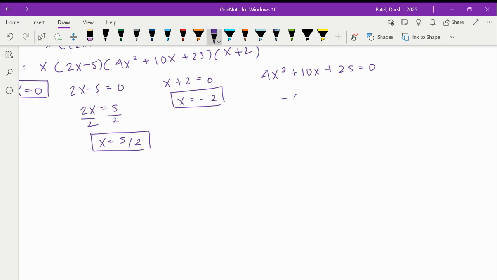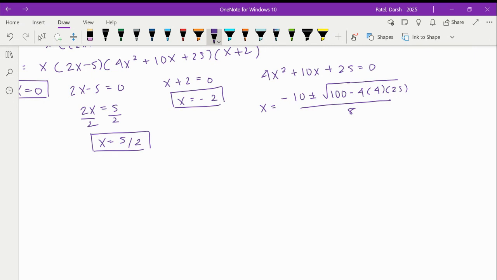So negative 10, I'm just going to skip the work part. 100 minus 4 times 4 times 25 over 2a, and a is 4, so 8.